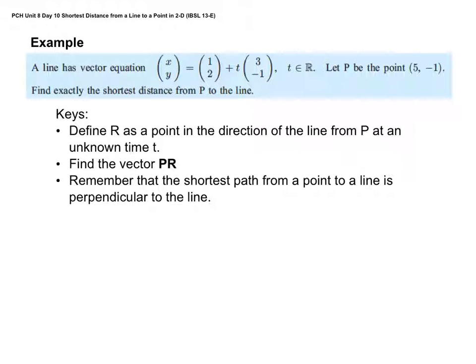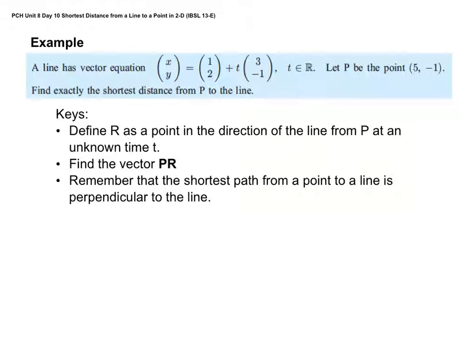Now, here we have a line that has a vector equation, (x, y) equals (1, 2) plus t times (3, negative 1), where t is a real number, and P is the point (5, negative 1). And it says, find exactly the shortest distance from P to the line. So here's what we want.